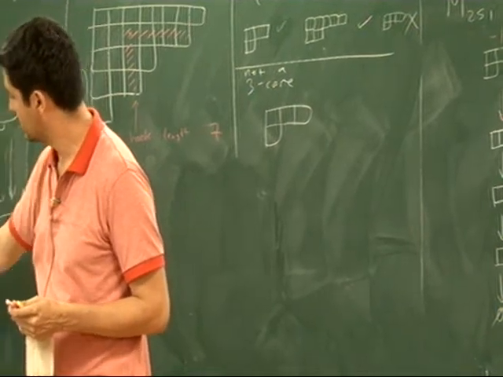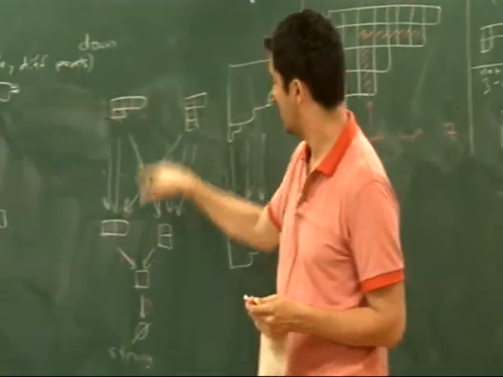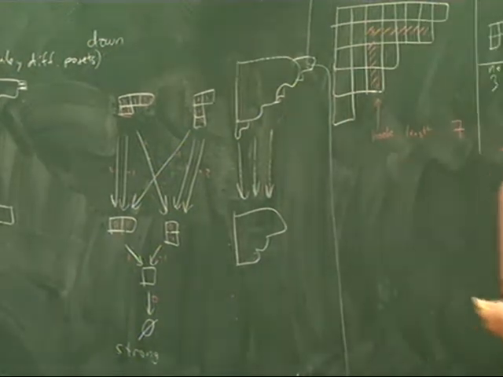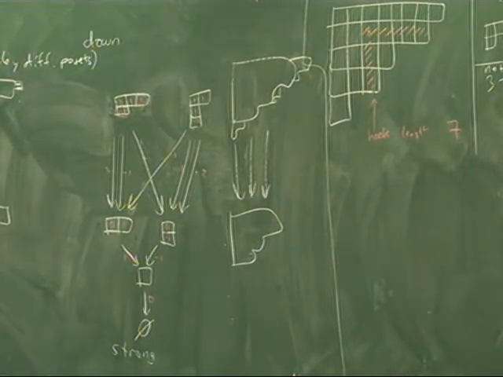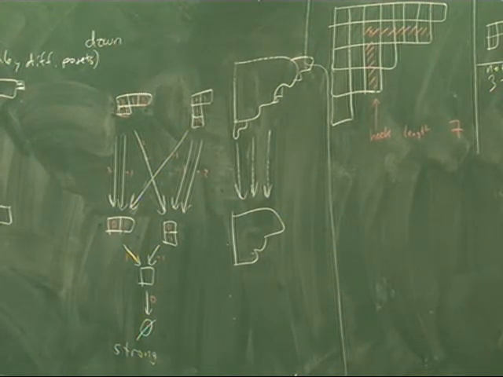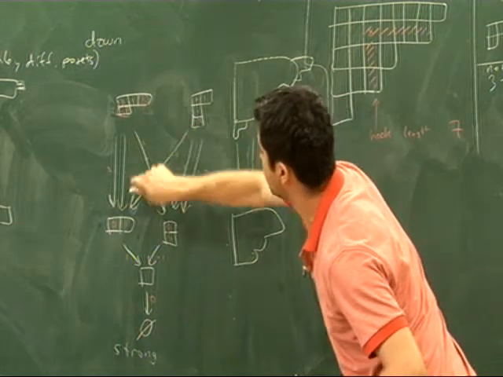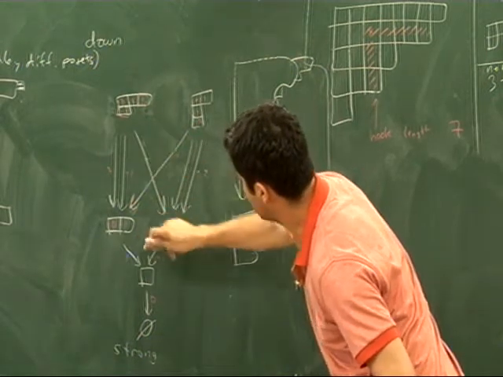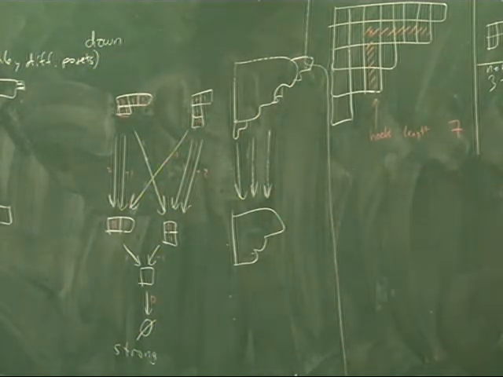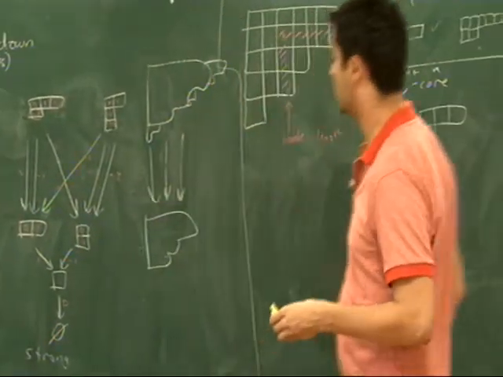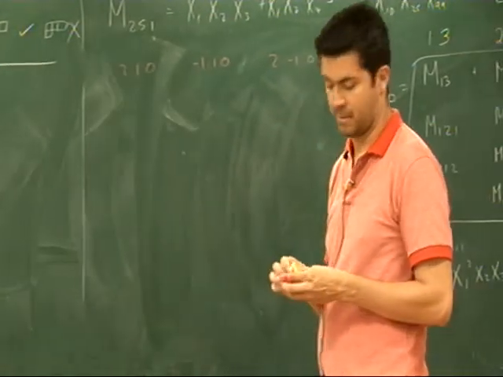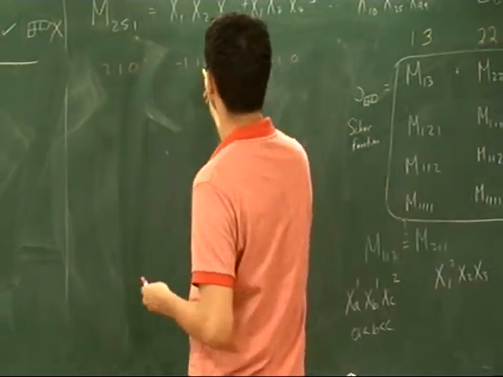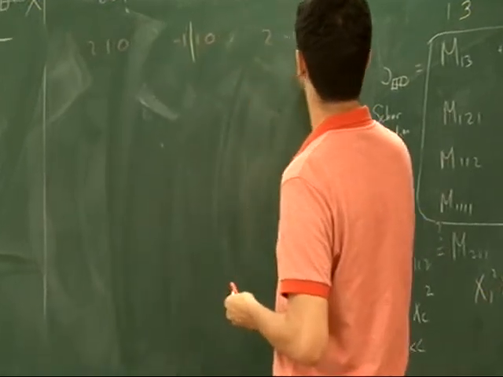There's 1, there's 2, because I can go on this edge, and there's 3. So I don't need to draw the paths, but you can believe me, or check yourself quickly. You're probably quicker than me. The number of ways to go from here to here is 2, 1, 0, -1, 1, 0, and 2, -1, 0.